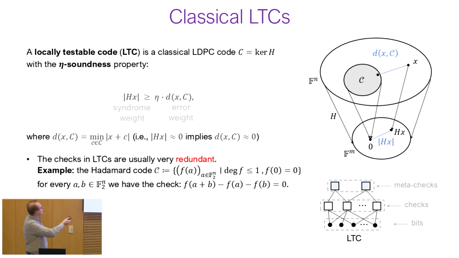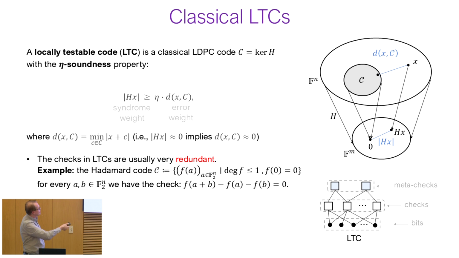The canonical example is the Hadamard code. It is a set of tables where we use all possible linear functions and calculate them at all possible values. You can easily see that all these functions satisfy this linearity condition.